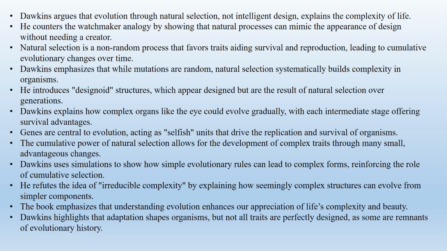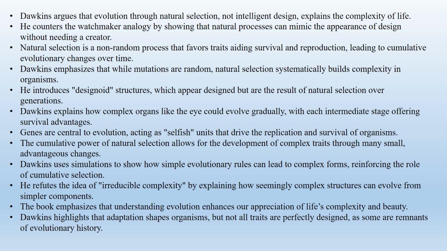Genes that are successful in getting replicated are passed on to the next generation, while those that are less successful are weeded out by natural selection. Over time, this process leads to the evolution of traits that promote the survival and reproduction of the organism, even if the traits themselves may seem complex or improbable at first glance.